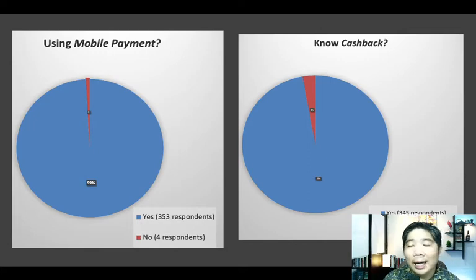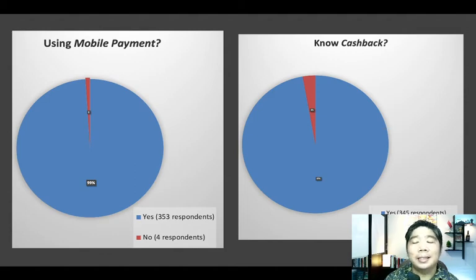There were 353 people, or 99%, who have used mobile payment, and 4 people, 1%, who have never used mobile payment. Data from these 4 people cannot be used in this study because they never used mobile payment.